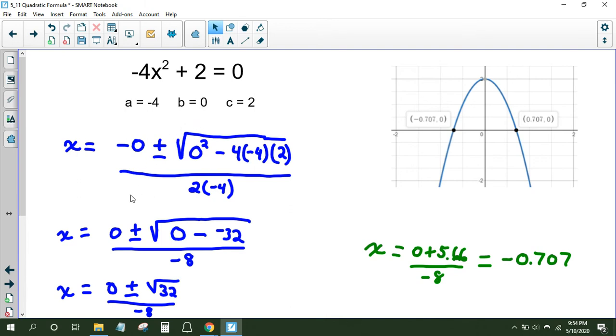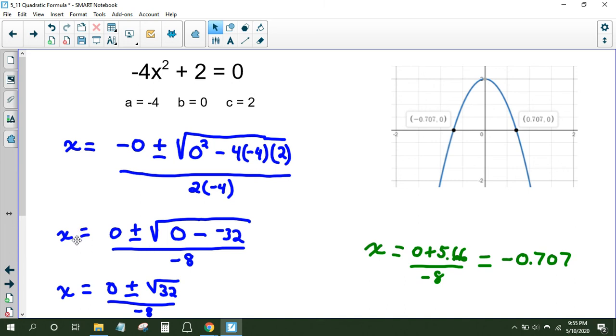And then we're going to plug those into our formula just as we did before. So x equals -0 plus or minus the square root of 0 squared minus 4 times -4 times 2, all over 2 times -4.